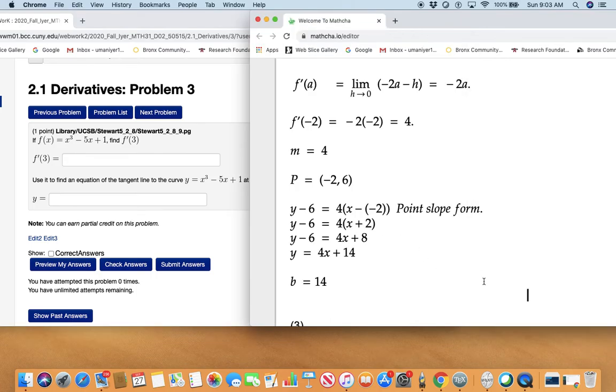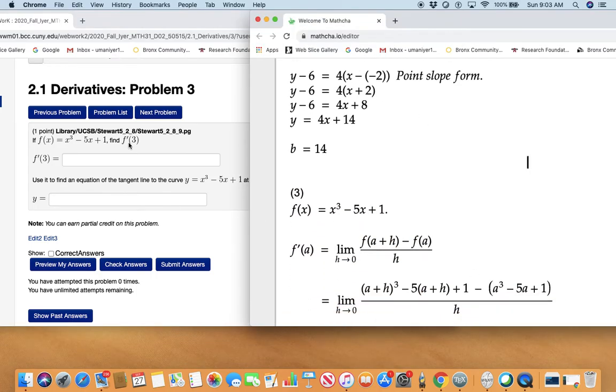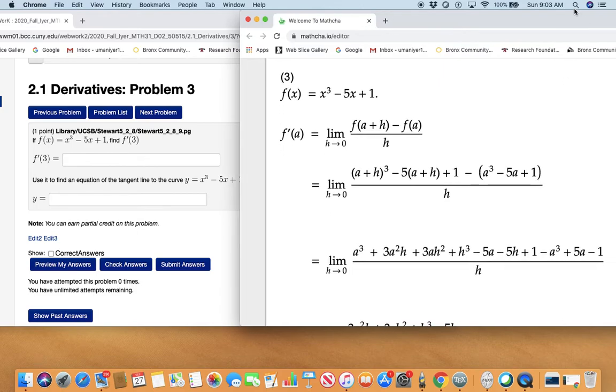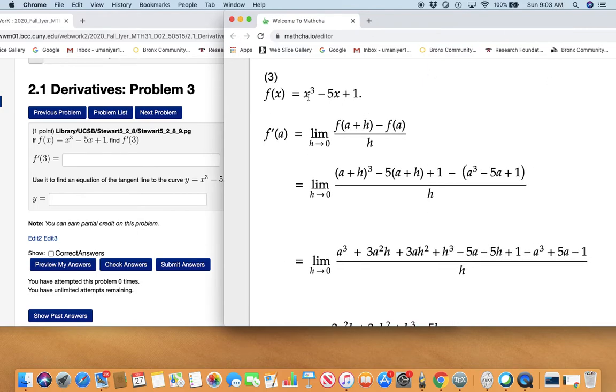Same procedure. You want to find the derivative. First find the derivative at a using your derivative definition. This is my x, and I want to replace it by a plus h. So (a plus h) cubed minus 5 times (a plus h) plus 1, minus, parenthesis.